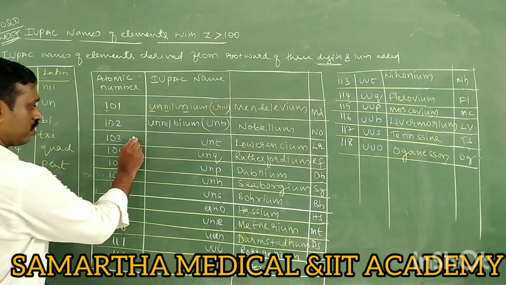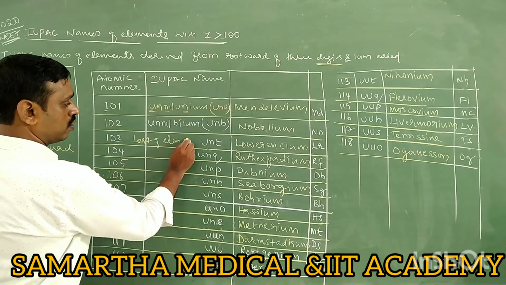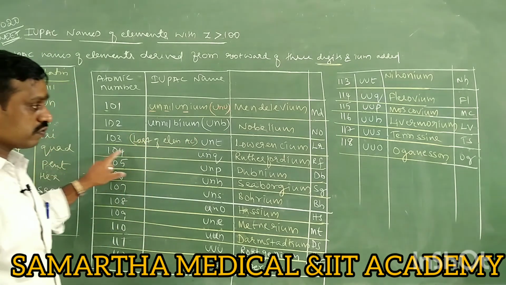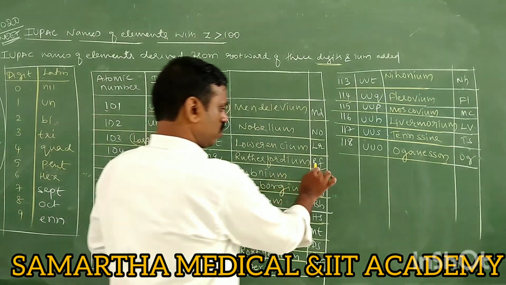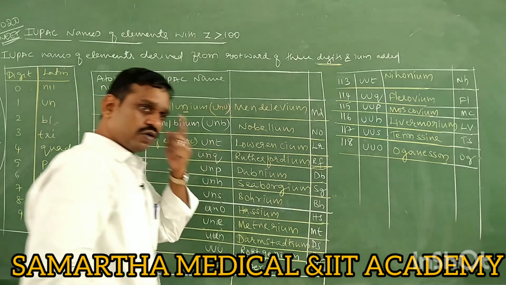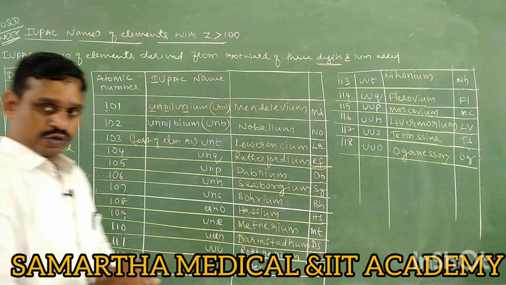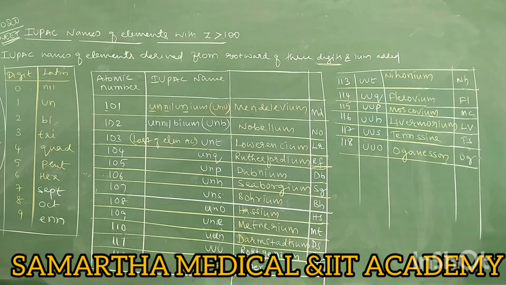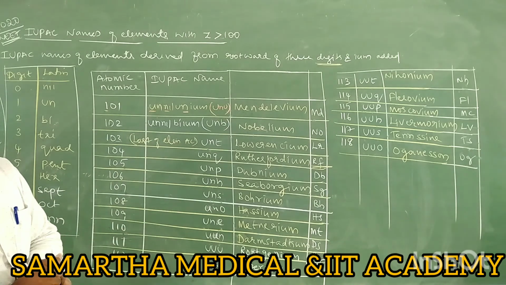It is the last element of the actinides. Okay, next 104, Rutherfordium. There is one interesting point about Rutherfordium, RF. It was discovered by Americans and at the same time by the Soviet Union, now Russia. It was discovered by two countries at the same time.